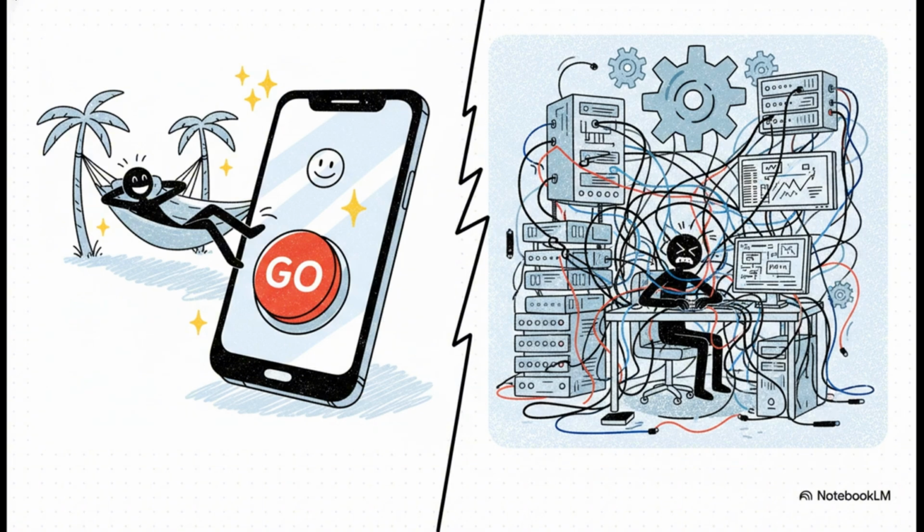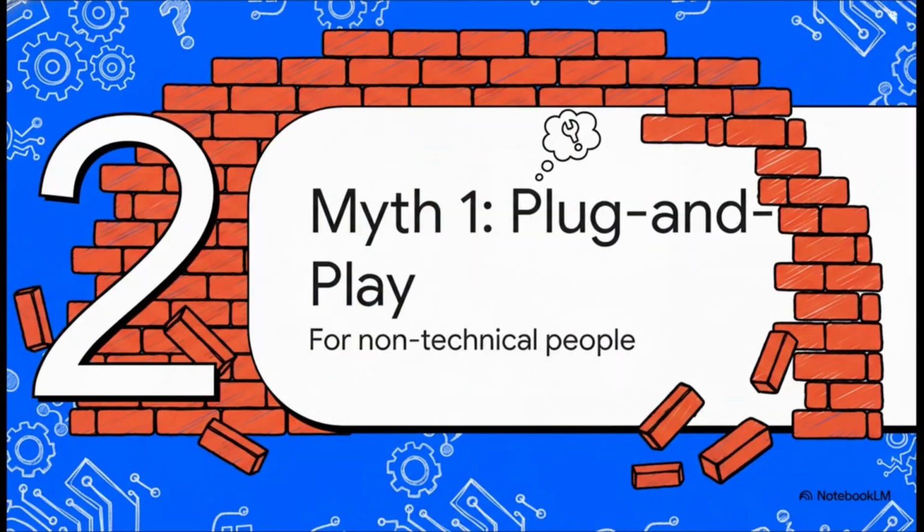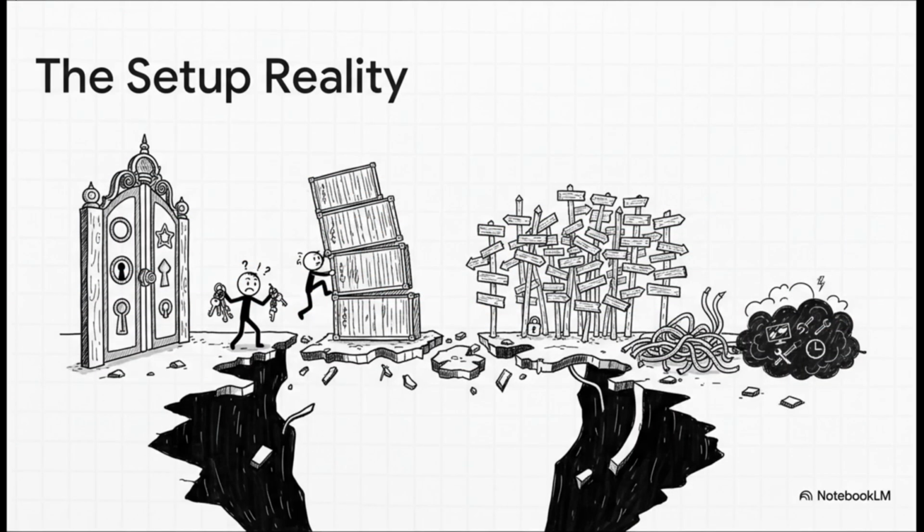The first myth out there is people say that you don't need to be technical. It's for non-technical people. But here's the part influencers just gloss over. The setup is not a standard setup. And I've been resetting this app for multiple people and I keep running into errors. It's not like signing into a dashboard and toggling a few settings. You're actually dealing with real things, okay?